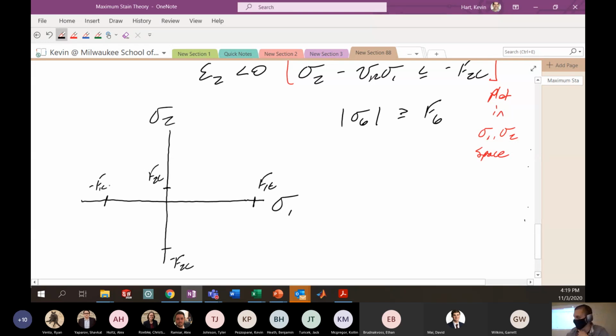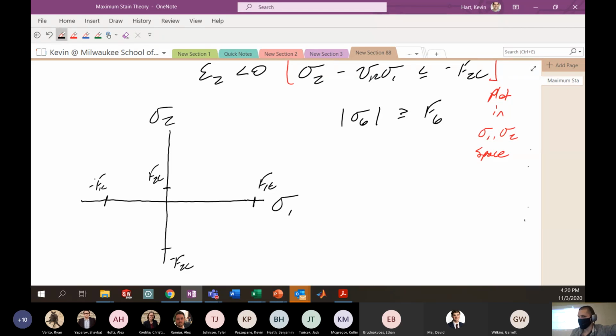Those are pretty easy to identify with some of our equations above. If you have sigma 1 equal to 0, then you're going to run into F2T and F2C. If you have sigma 2 equal to 0, you're going to run into F1T and F1C, respectively, depending on if you have tension or compression. But what's more interesting now is what happens when we have combined loadings, with both contributions of sigma 1 and sigma 2.